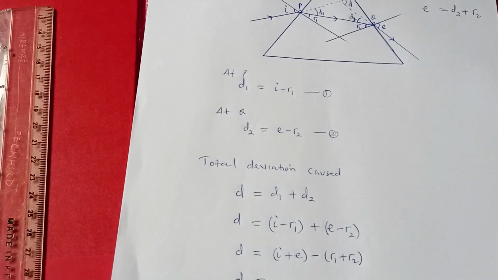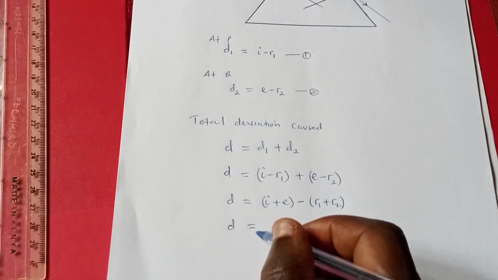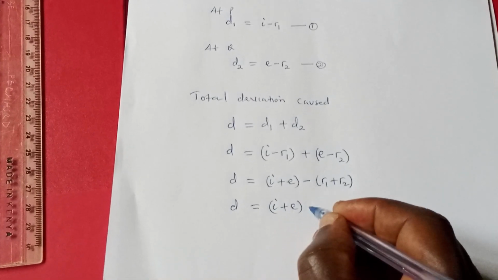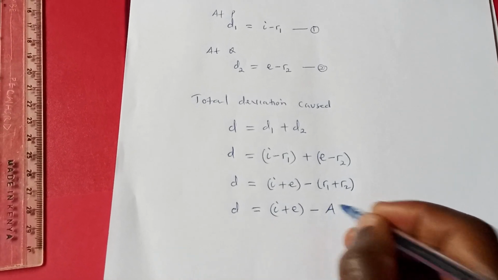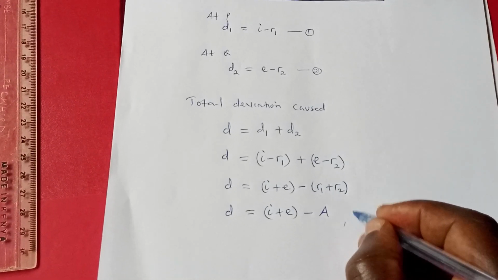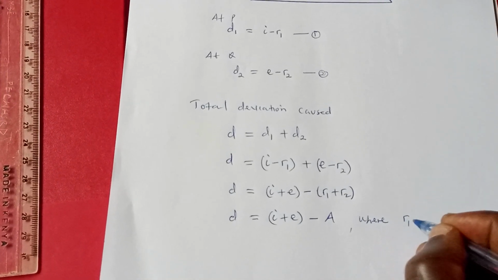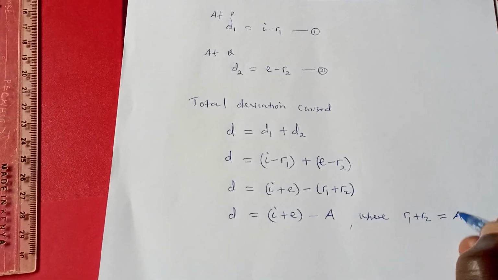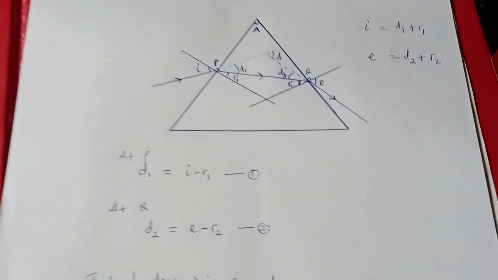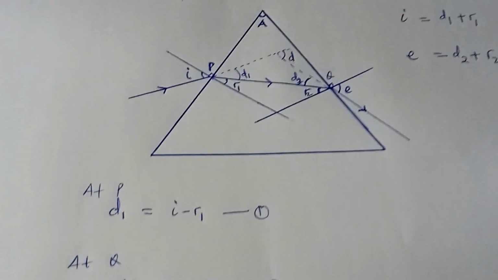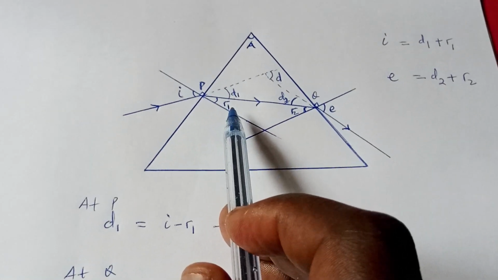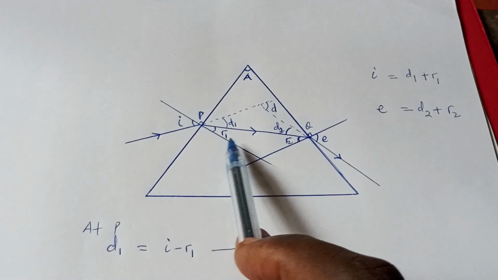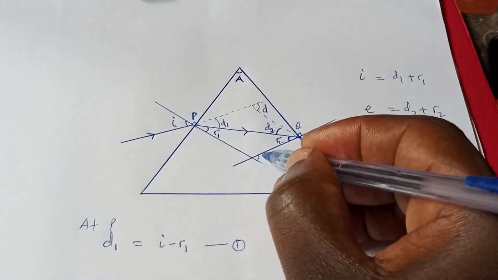So our D now simplifies to the total deviation caused. D simplifies to I plus E, then minus A, where R1 added to R2 is always equal to the angle of the prism. When you look at this diagram of ours, when you simply add R1 to R2, this will act as our two interior angles that will add up to one what?